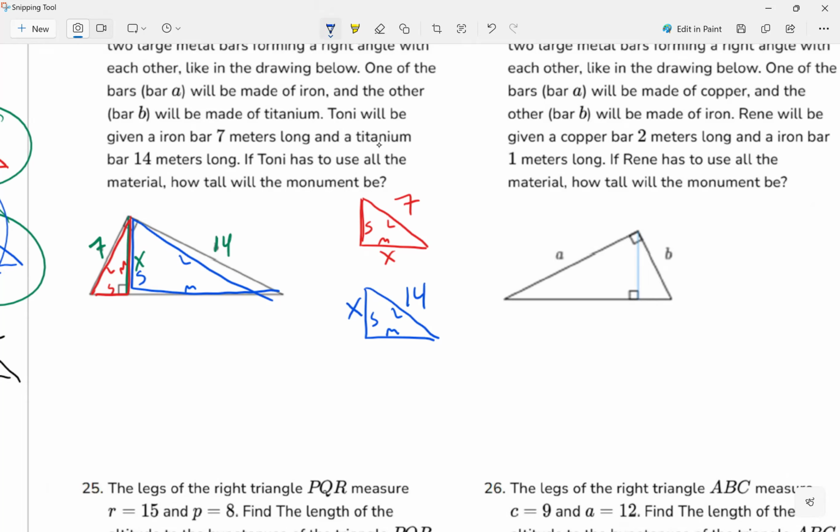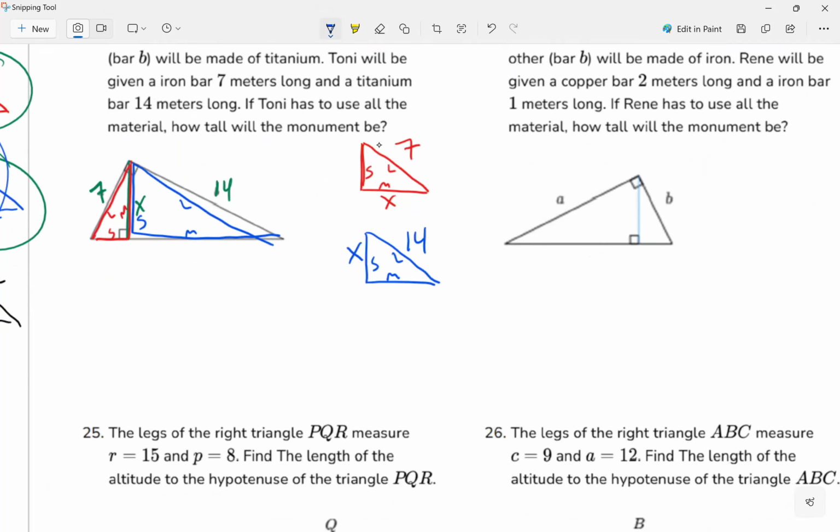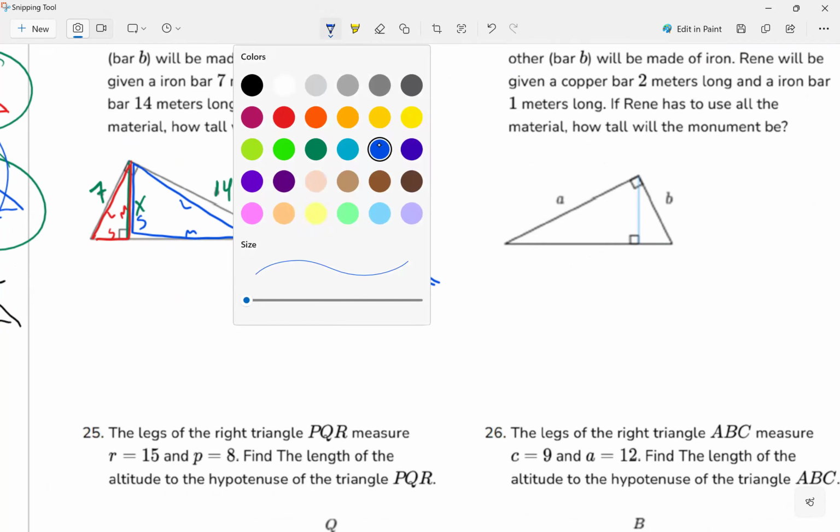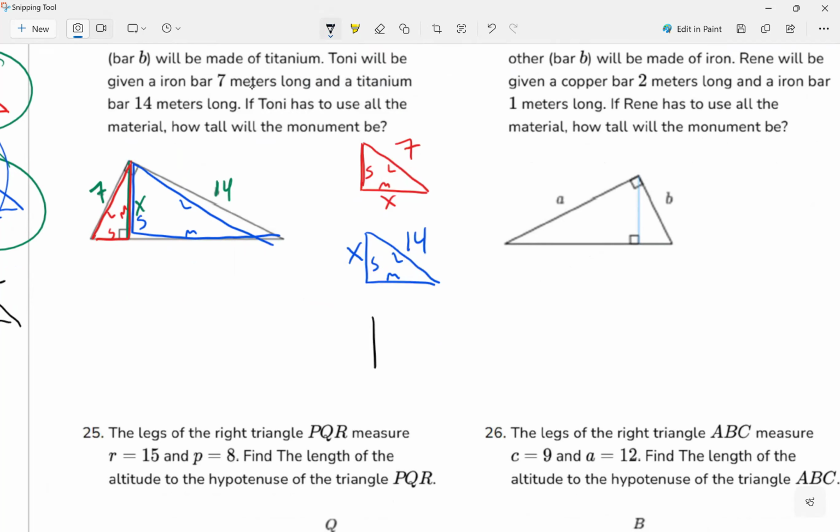And then the black triangle, let's take a look. The small side is 7. The medium side is 14. And the large side, I don't know right now.